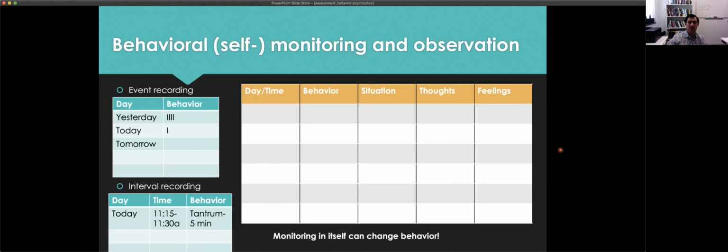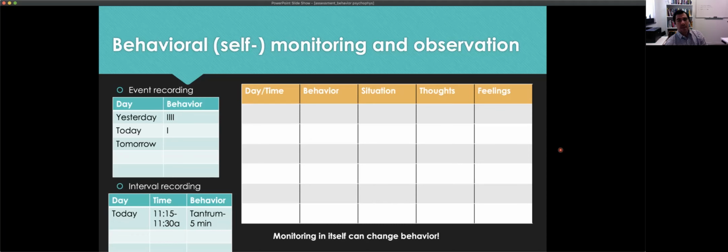We can also do behavioral observation with a clinician or an assistant who's actually observing the behavior of that client, or a student, for example, in a classroom. So these are really key behavioral analysis techniques. The idea of observing and monitoring behavior is given different names depending on who's doing it: self-monitoring if it's a client themselves, and observation if it's someone else doing it for the client.